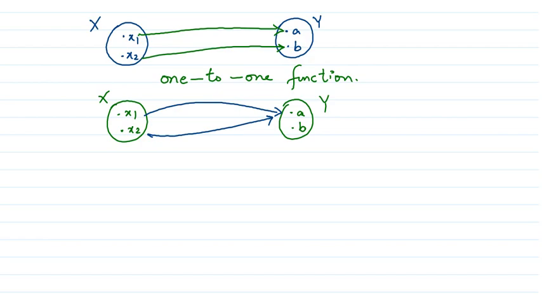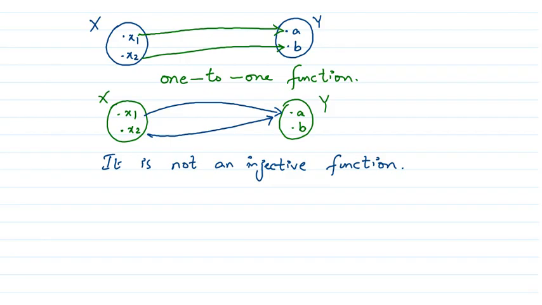By definition, it is a function, but it is not an injective function. What is meant by injective? That is, a one-to-one function. It is a function, but you can't categorize it as a one-to-one function. Right?